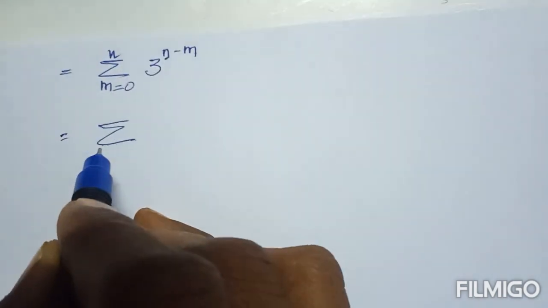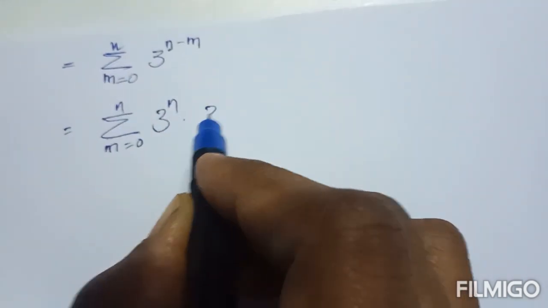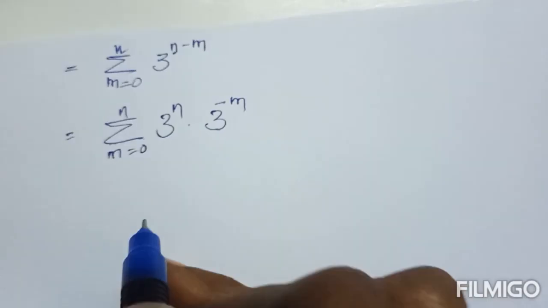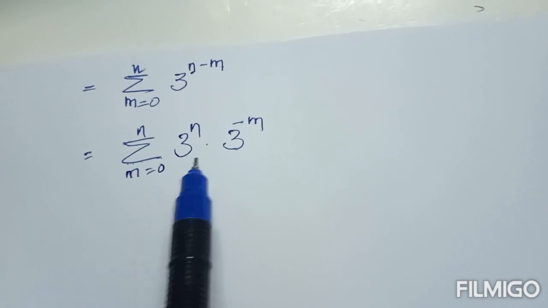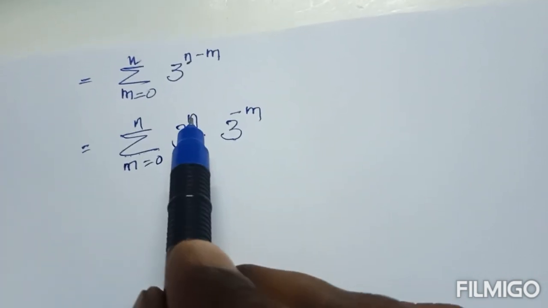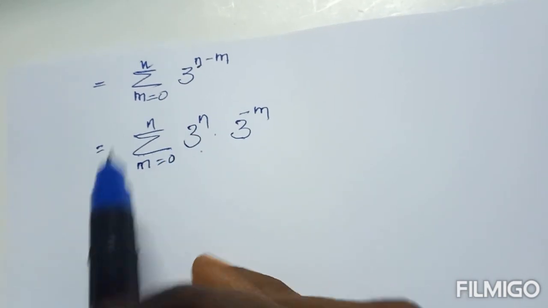It can be split as summation of m equal to 0 to n, 3 to the power of first term into 3 to the power of second term. Now here m only takes the values, so out of two terms, 3 to the power of n is purely constant, so write it outside of the summation.